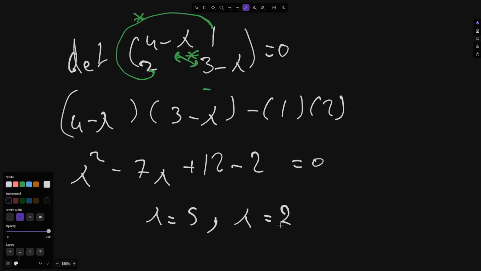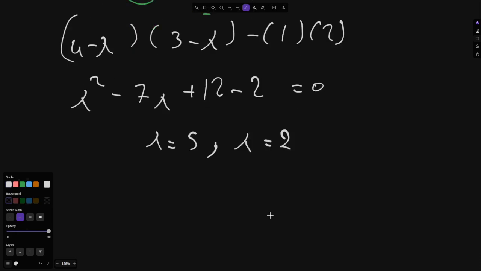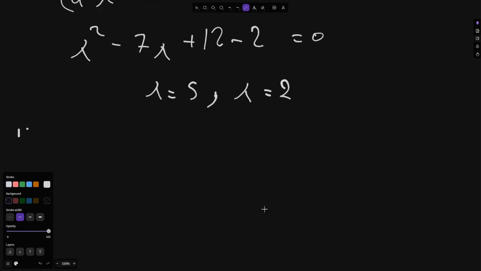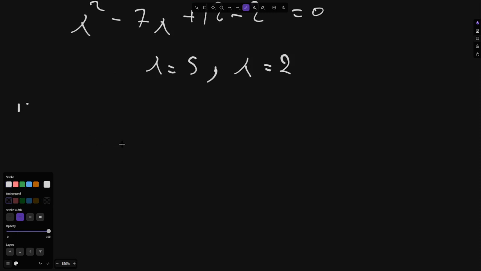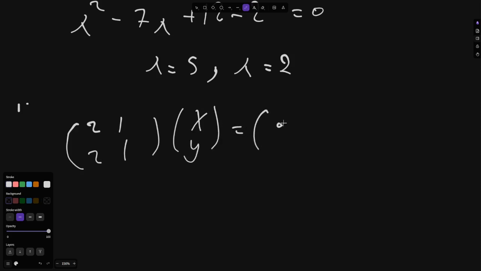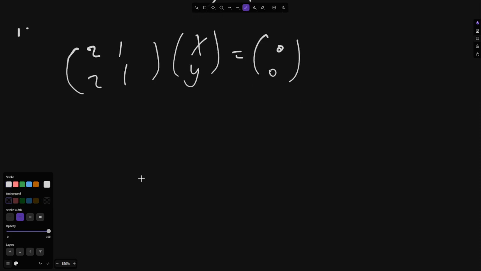Now after we have found the eigenvalues themselves, we want to find the eigenvectors. So we plug these values into our original equation. Subtracting 2 from the diagonal of our matrix, it becomes 2 1 2 1 times x y equals 0.